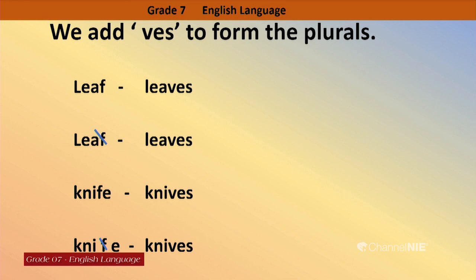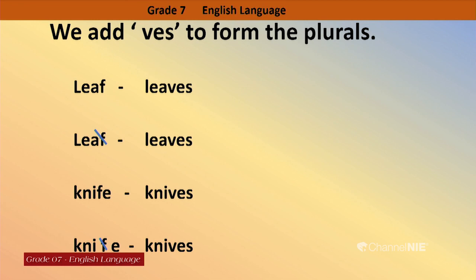KNI, there is F in the middle, I have cut it, and E. Now you get the word KNIVES. That F is omitted, V is added there, and ES is inserted. Understand? The letter E is there, we only add S here.